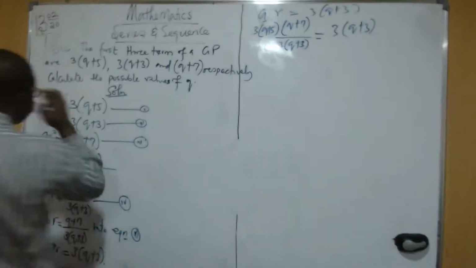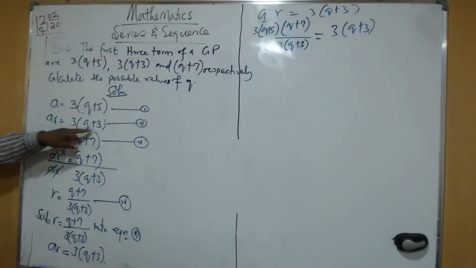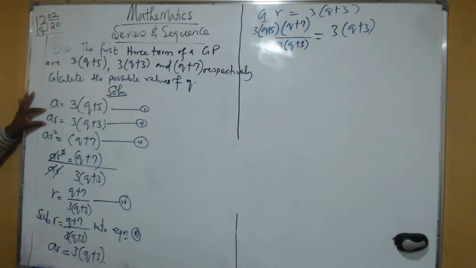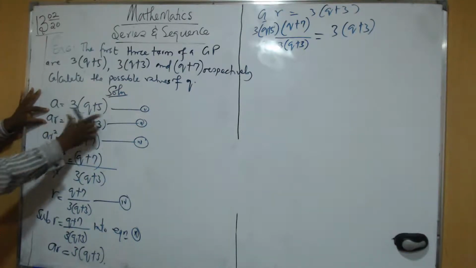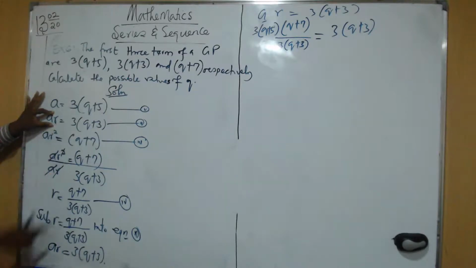Let me come again. We said we substitute this equation into Equation 2. Our Equation 2 is ar equals 3(q + 3). Our a is the same thing as this, so instead of writing a, we substitute this value in place of a. Instead of writing r, we substitute this value in place of r.